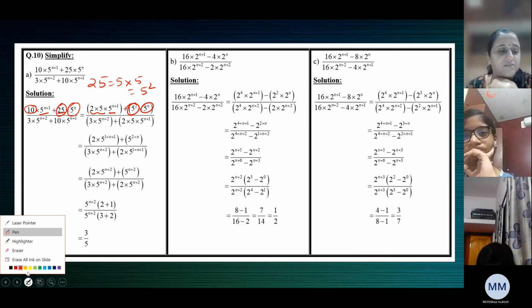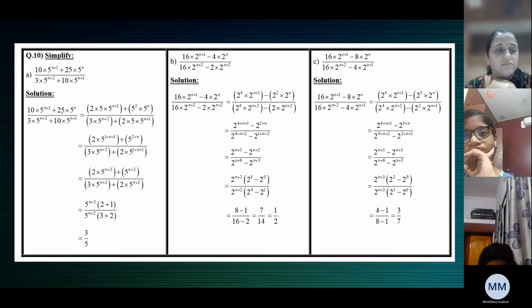You can see the signs. That is what is important. It's multiplication everywhere. 2 into 5 is 10 into 5 to the power n plus 1 in the first bracket. The connecting sign is plus. 25 is 5 squared into 5 to the power n divided by 3. 3 itself is a prime number, so it comes as 3.